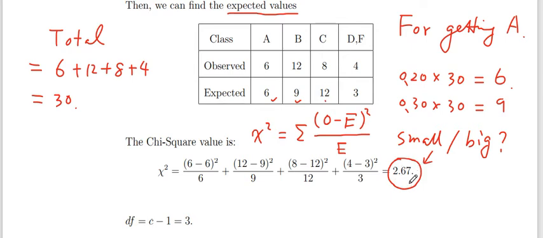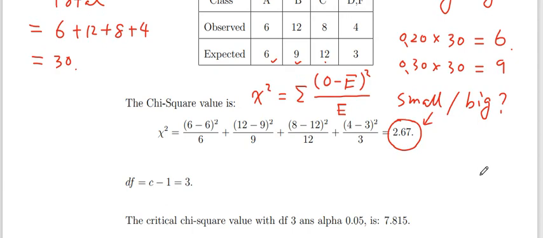So how can we judge whether this number is big or small? We need to check a table. Here we check a chi-square table to find the critical value, and use that value to make a judgment.